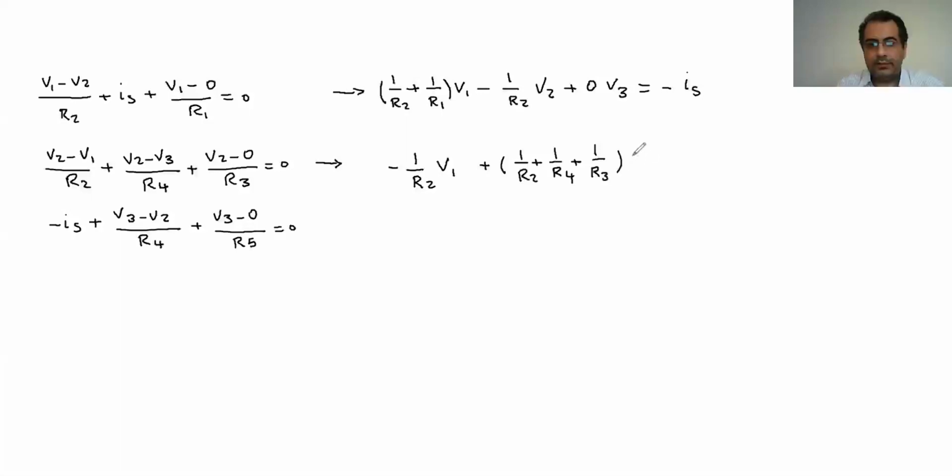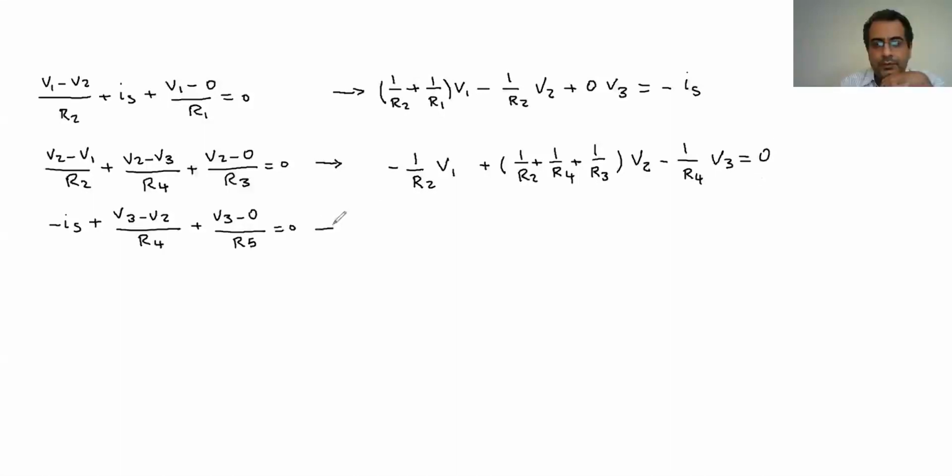And it's going to be times V2. And for the V3, I have negative 1 over R4 times V3. So I have V2, V1, V3, and nothing else. That's going to be 0.